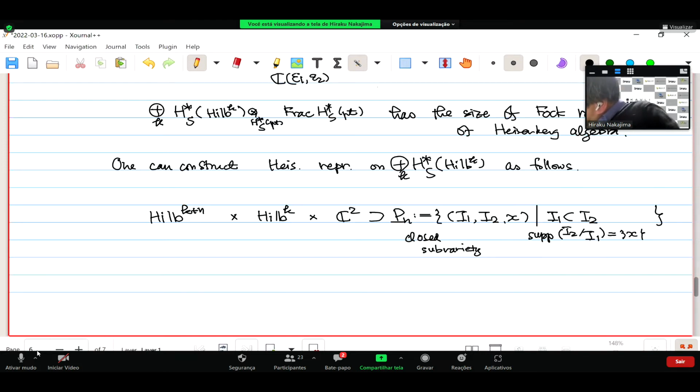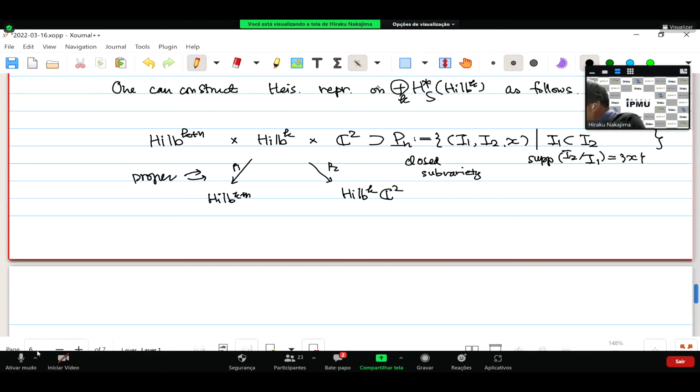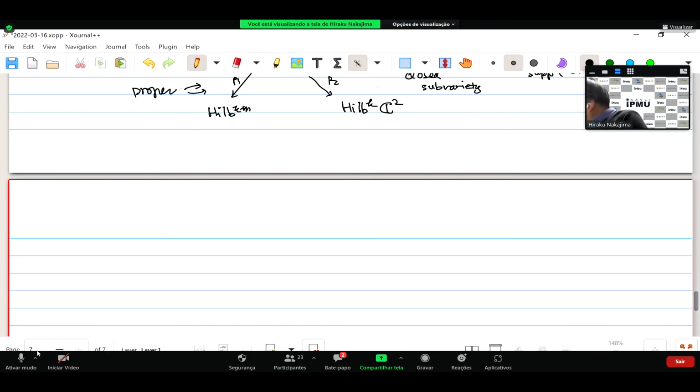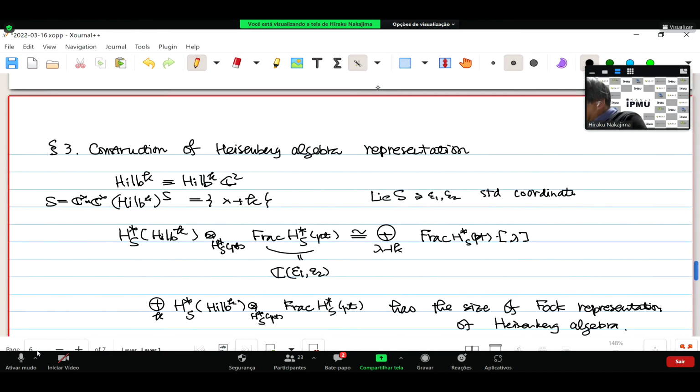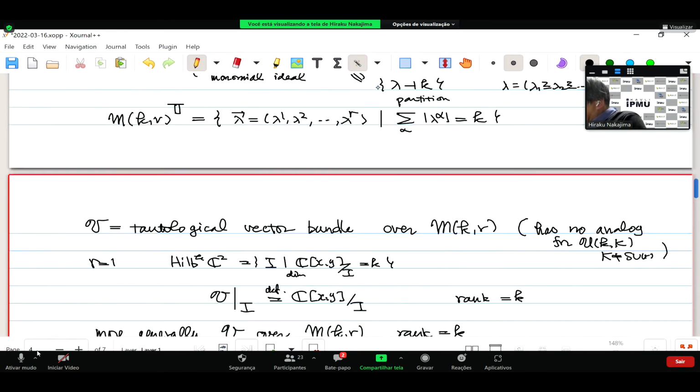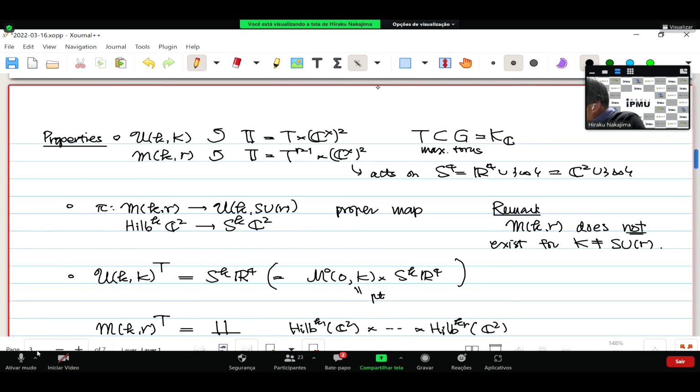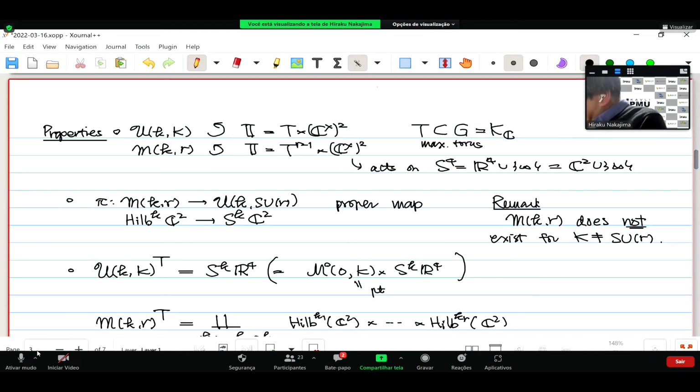Then you have projections p_1 to the Hilbert scheme of k plus n points and p_2 to the Hilbert scheme of k points, and it is known that both maps are proper. I should say an important property: these two spaces are smooth.